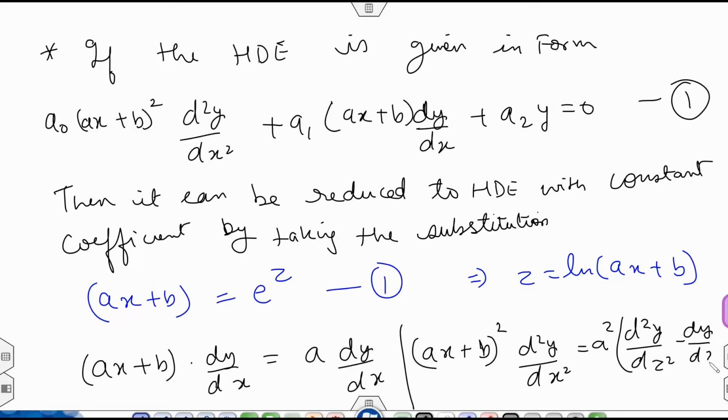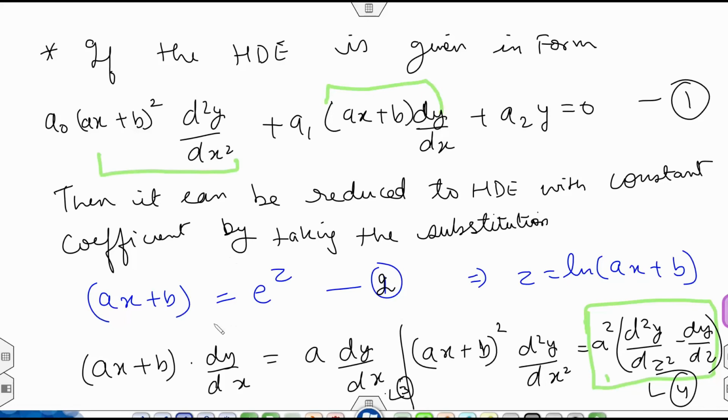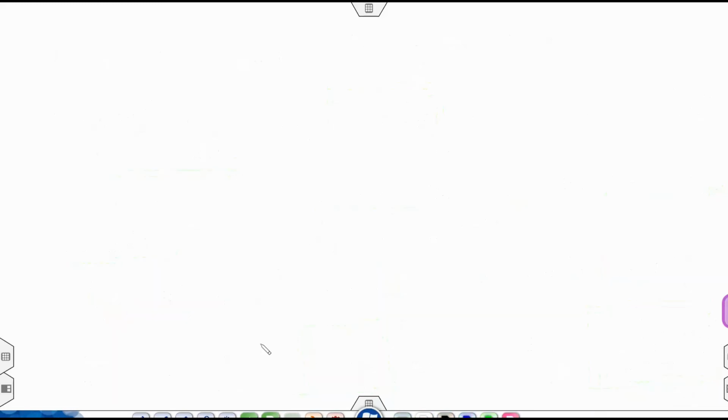Call these equations 2, 3 and 4. You can see that this quantity can be replaced by this, and this quantity by this, so you get an equation reduced into a homogeneous differential equation with constant coefficients. Let us do a few questions on it, and then we will end this lecture.